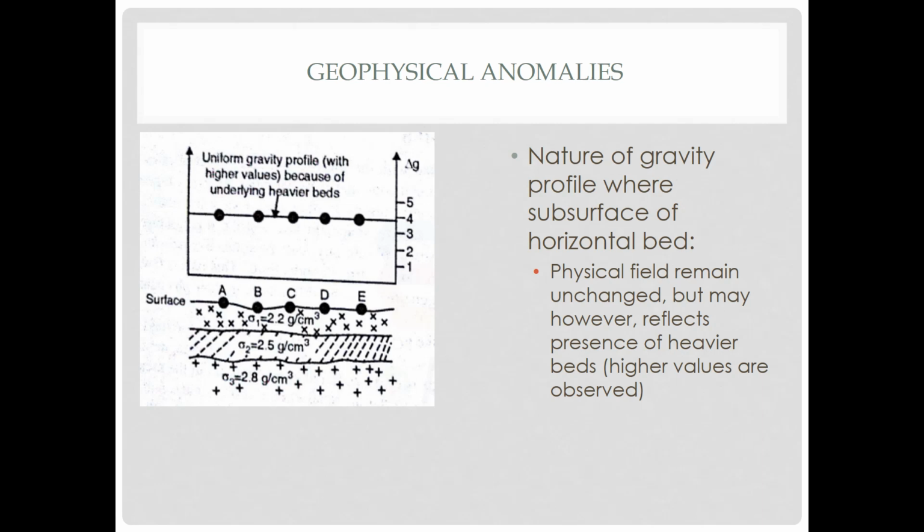On the graph, we have an almost horizontal profile, but there is also the presence of a higher or heavier layer underneath. From the figure, the first layer is lighter at 2.2 grams per cubic centimeter, the next layer is 2.5 grams per cubic centimeter, and the third layer is 2.8 grams per cubic centimeter.